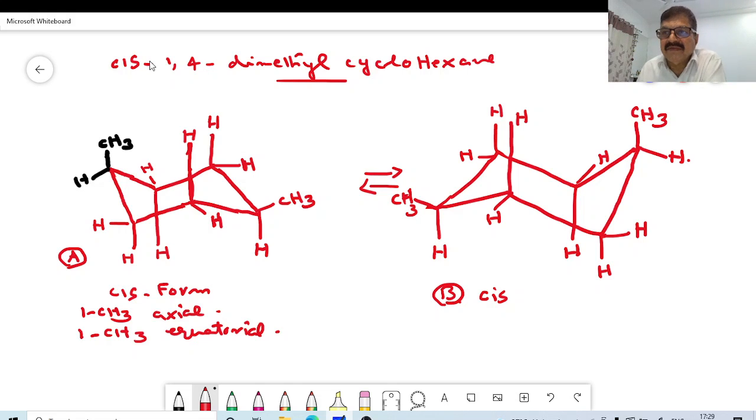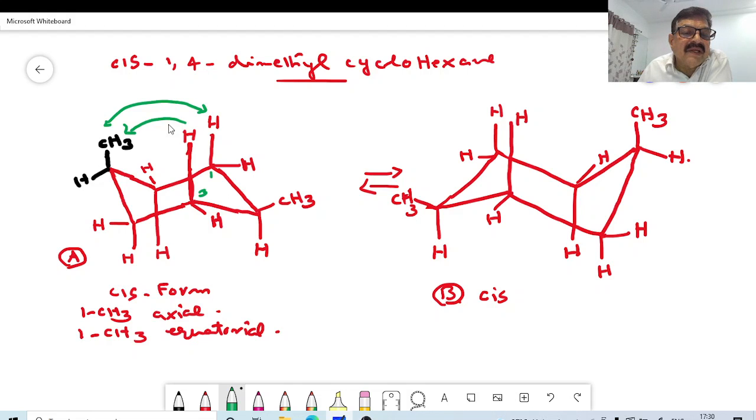Now here, take these hydrogen atoms in the 1,3 position. This hydrogen and this one are in the 1,3 position. There will be a 1,3-diaxial steric strain interaction between this methyl group and this hydrogen atom.